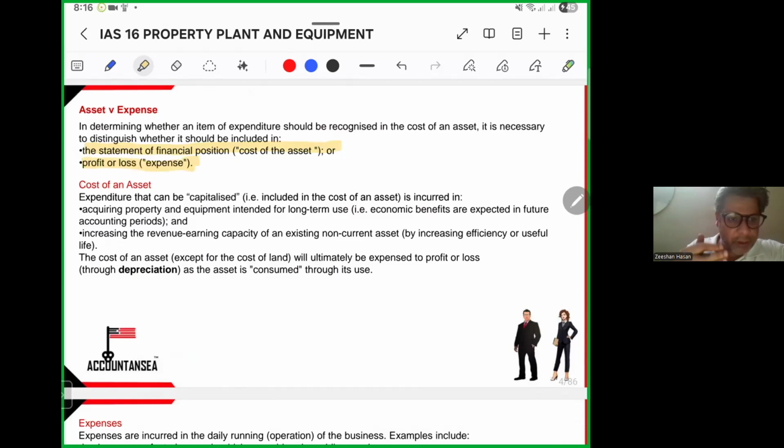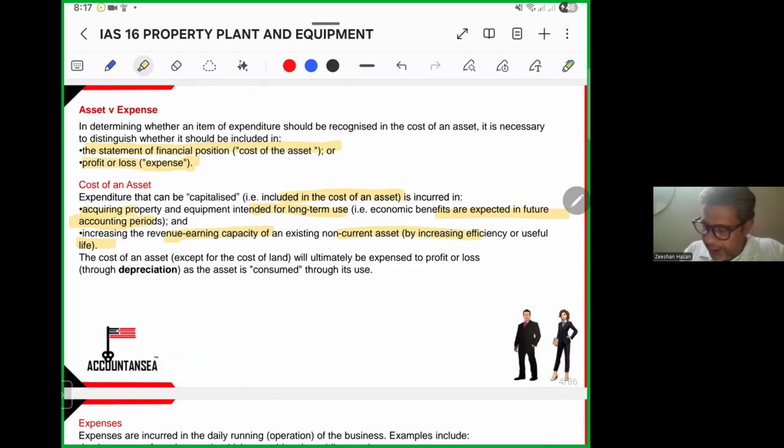Expenditure that can be capitalized, that is included in the cost of an asset, is incurred in acquiring property and equipment intended for long-term use, that is, economic benefits are expected in future accounting periods, or increasing the revenue earning capacity of an existing non-current asset by increasing efficiency or useful life.